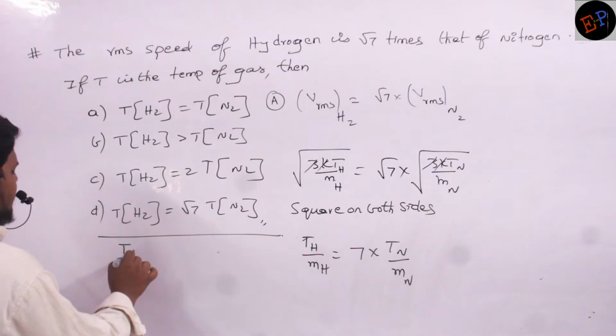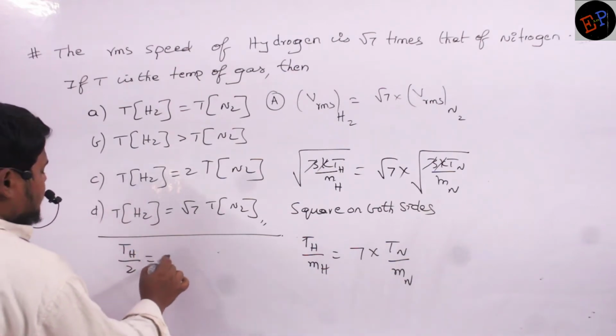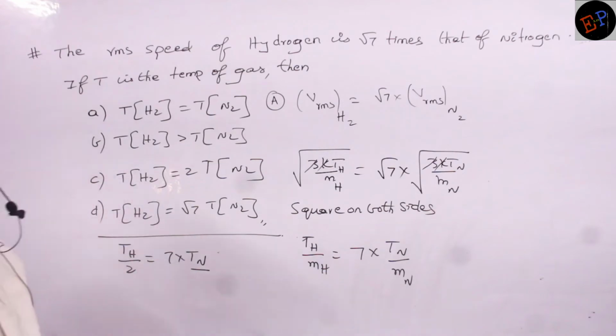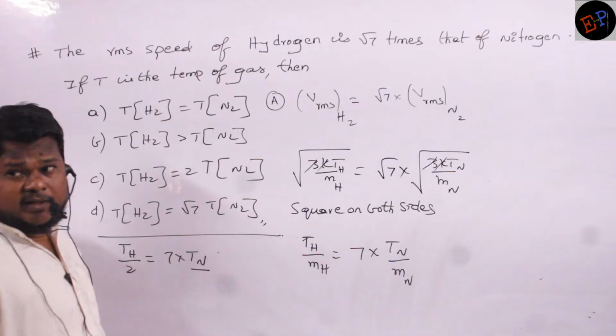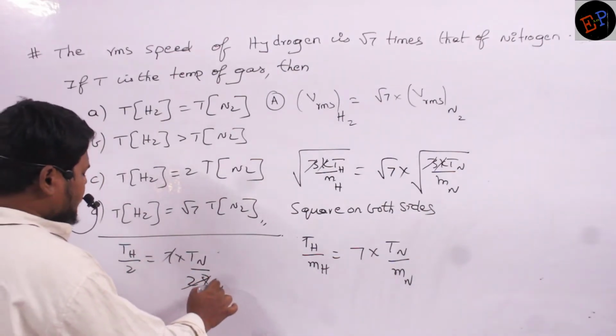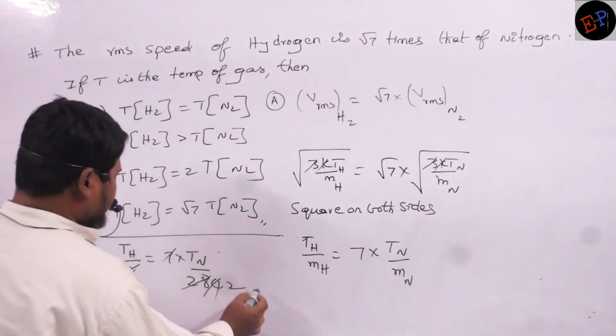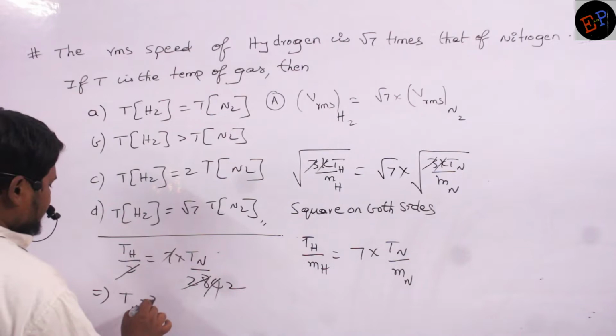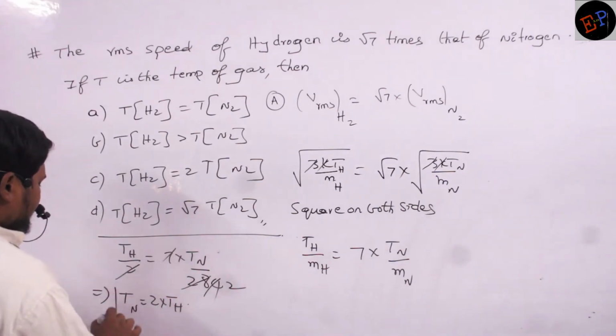So temperature of hydrogen divided by 2 is equal to 7 into temperature of nitrogen divided by the mass of nitrogen molecule, which is 28. So 7 1s are 7, 7 4s are 28. Again 2 1s are 2, 2 2s are 4. So therefore, the temperature of nitrogen is equal to 2 times the temperature of hydrogen.